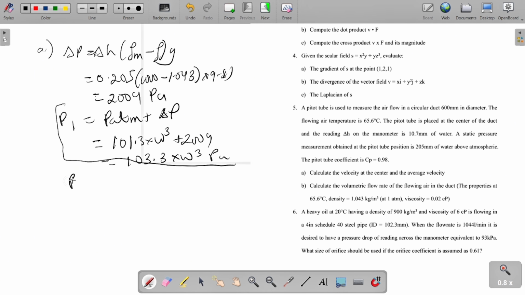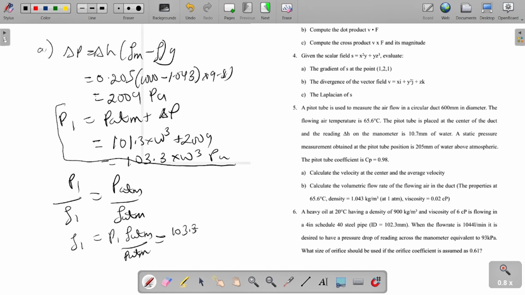P1 divided by rho 1 is equal to PATM divided by rho at the atmospheric. Over here we want to calculate rho 1, so rho 1 will be equal to P1 multiplied by rho ATM divided by PATM. We know that P1 is 103.3 times 10 to the power 3, and PATM is 101.3 times 10 to the power 3.